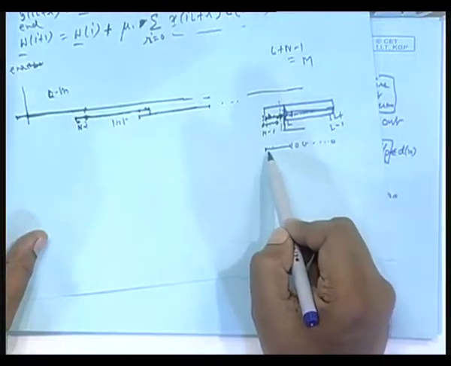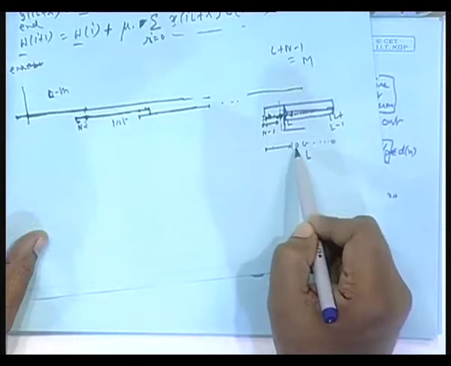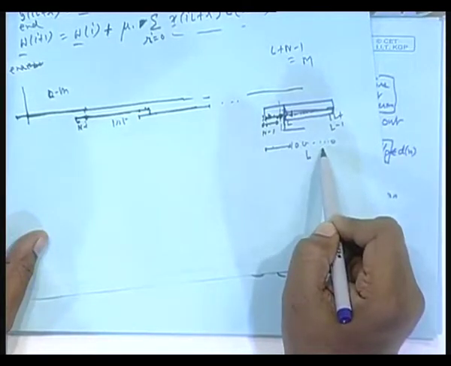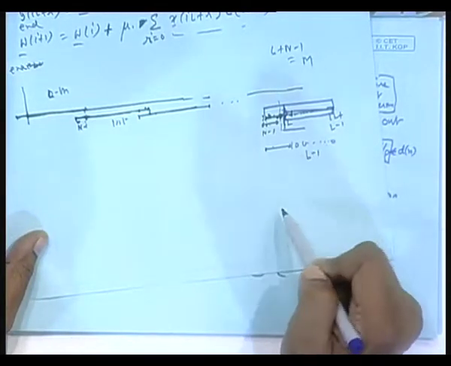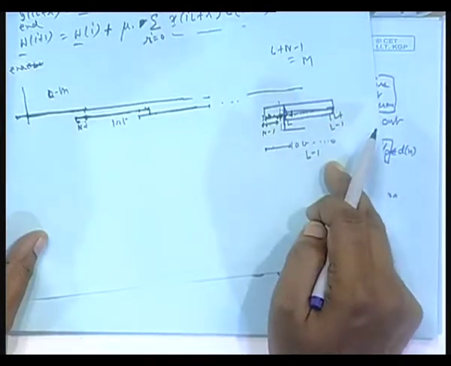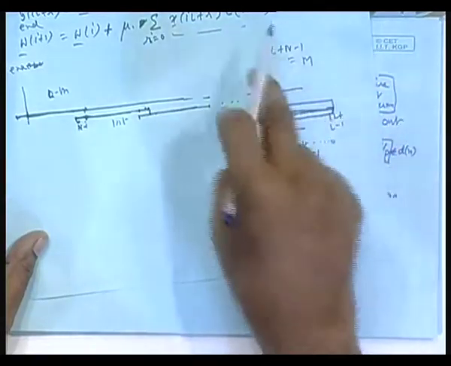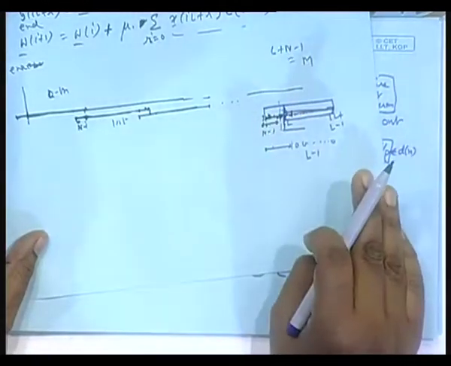But remember, in that circular convolution, for the filter, I added extra zeros, isn't it? How many? L minus 1 zeros. Total length is L plus n minus 1, length n. So, L minus 1 zeros I added. Then only I took its DFT, that DFT I used in the filtering part.